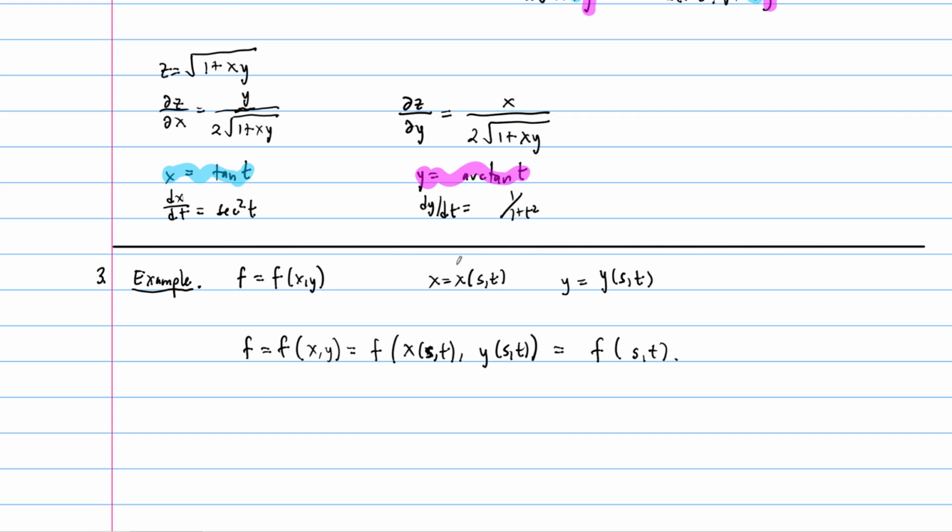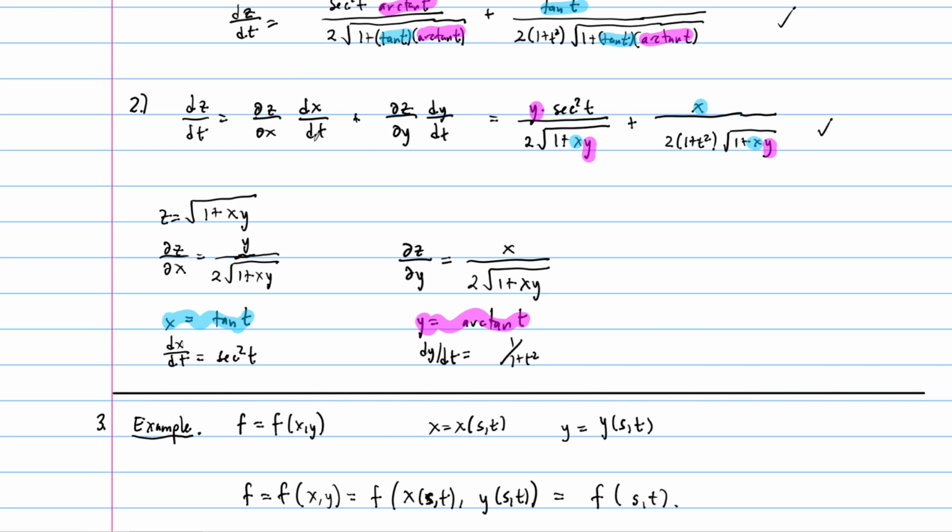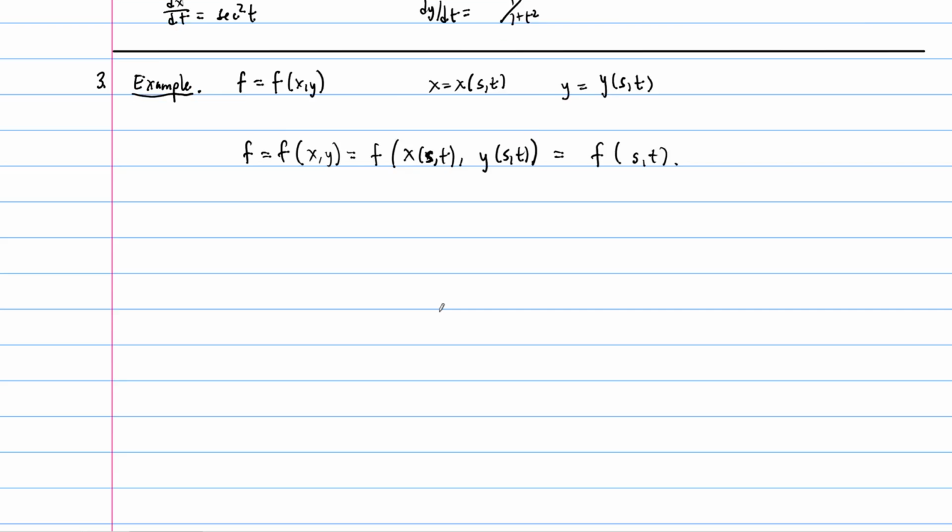But now x and y are functions of multiple variables. So what's going to happen? Those regular derivatives from this formula are going to have to become partial derivatives, because these component functions depend on more than one variable themselves. So they're functions of multiple variables.